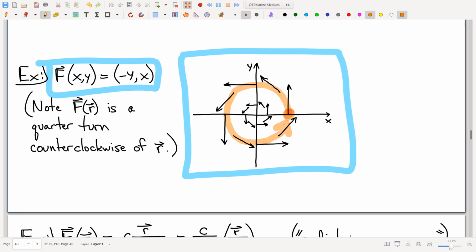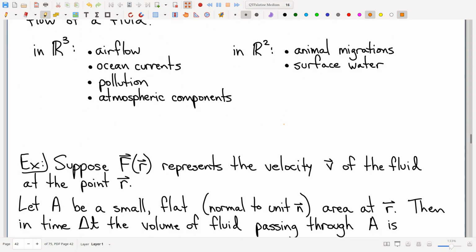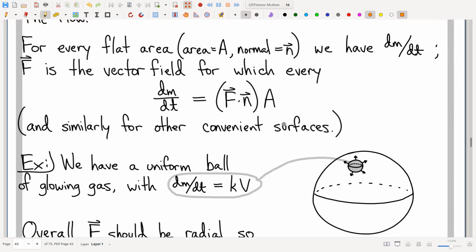It does exactly what the water does because it can't do anything else. Wherever the bay leaf is at any given moment, whatever direction the water is going, that's the direction the bay leaf is going. Is that cool? All right. So this is the fundamental idea behind the concept of a flow line.